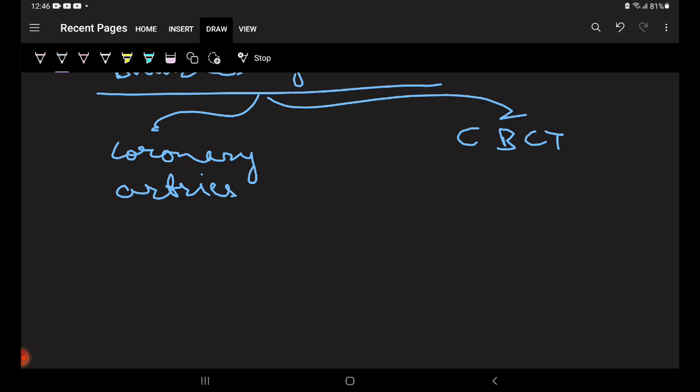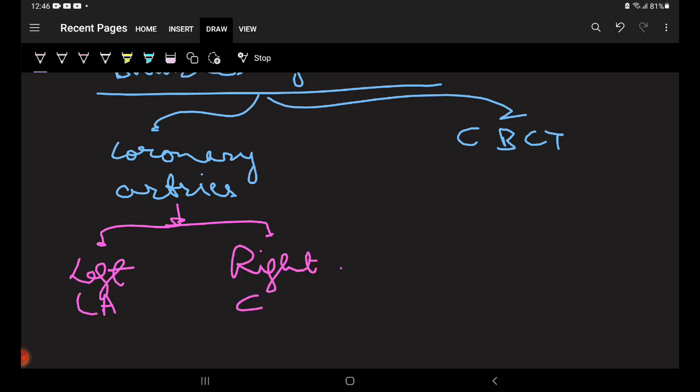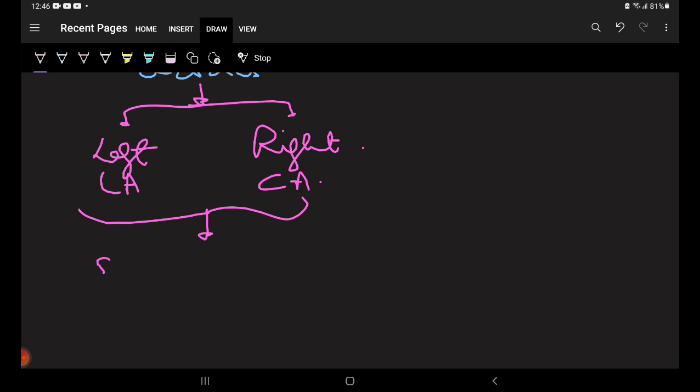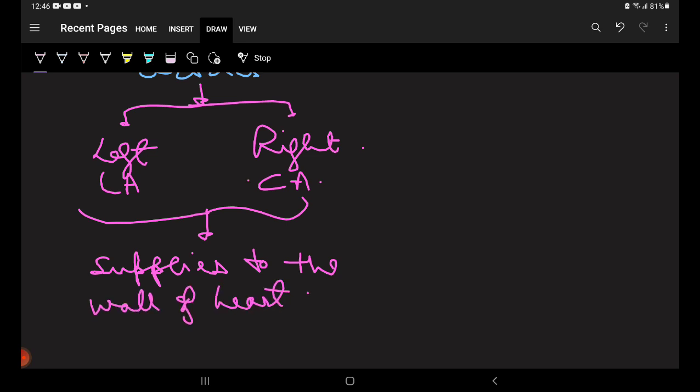Coronary arteries are again of two types, left and right, and these supply the wall of the heart. Coronary artery means it supplies the wall of the heart.